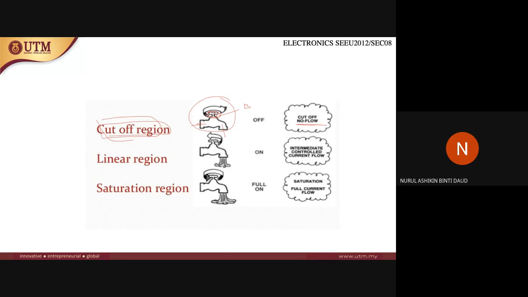Then when the base is on, the current starts to flow, so the transistor is in on mode, and the base will control the flow of current.